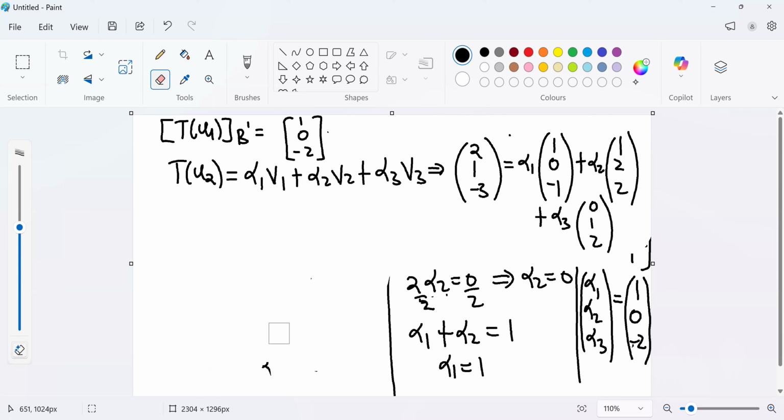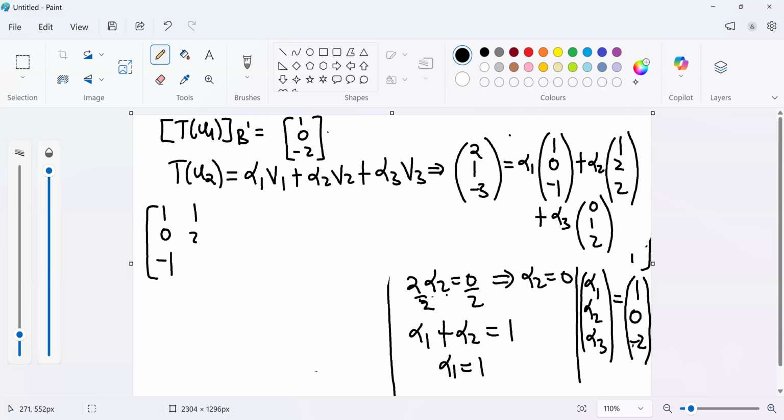So still I come up with a system and I apply row reduction. So what do I have? I have 1, 0, negative 1, then 1, 2, 2, 0, 1, 2, equal to 2, 1, negative 3.